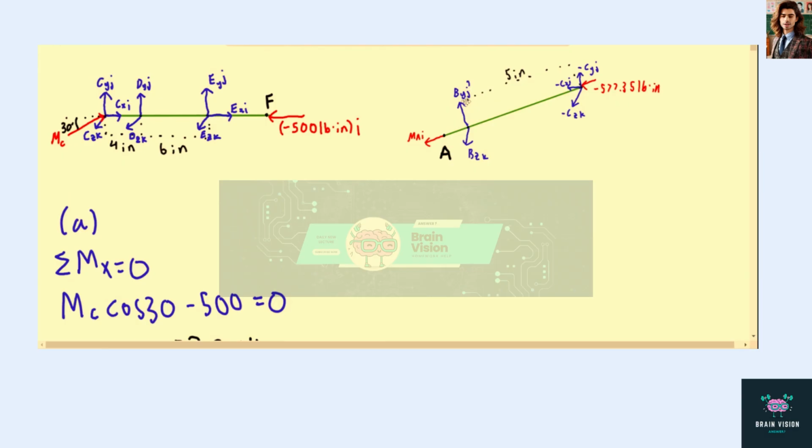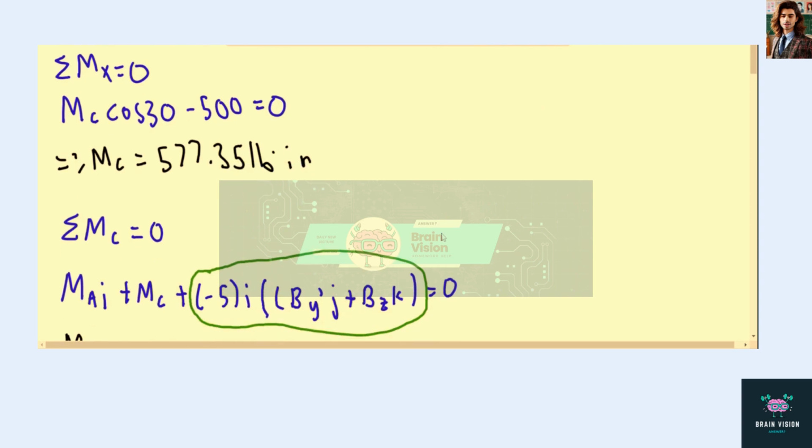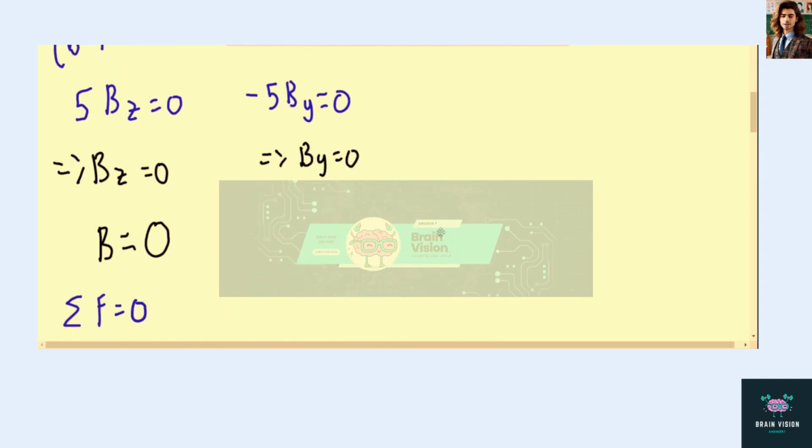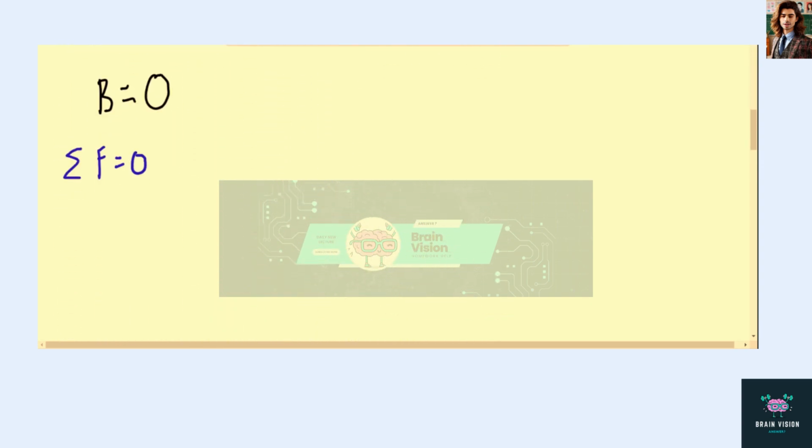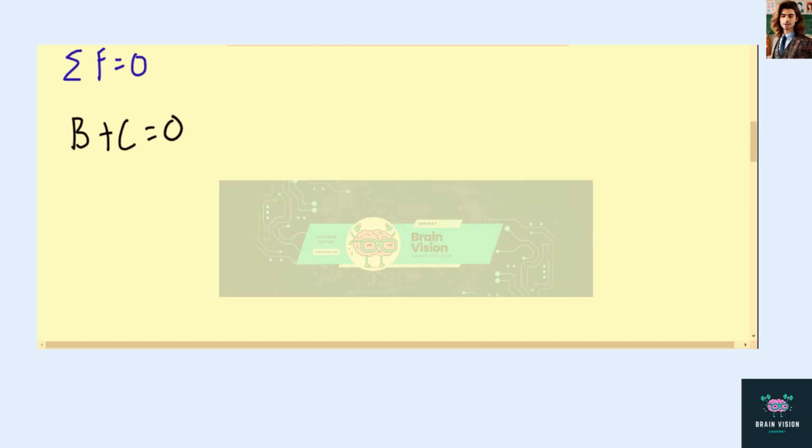So whatever force is at point B has to be equal to the negative force at point C. So that means the forces at B plus the forces at C is going to be equal to 0. And we already know that B is 0. So that means that the force at point C is also going to be equal to 0.